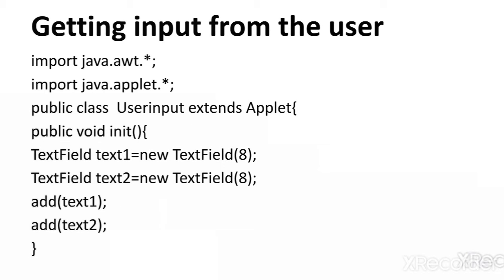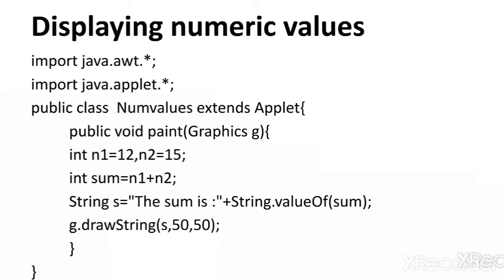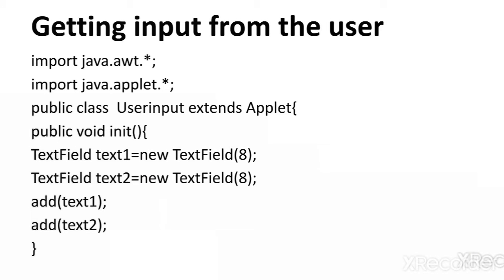Next, in the second program, we are reading the input values from the user. In the previous program, we initialized the values of n1 and n2 as 12 and 15, but we have not read the values of n1 and n2 from the user. So now in the second program, we will see how to read values from the user. The program begins with import statements, that is import the AWT package and the applet package.